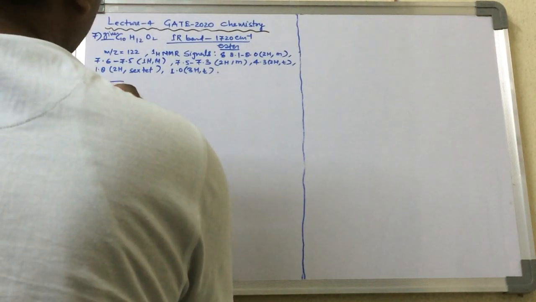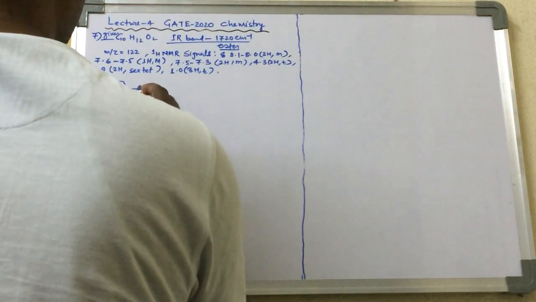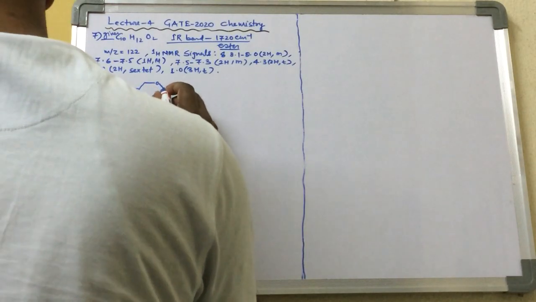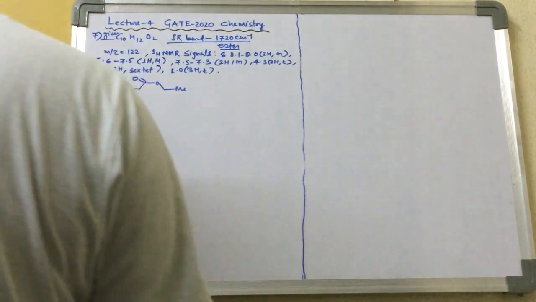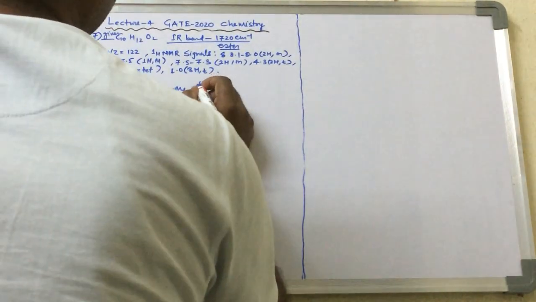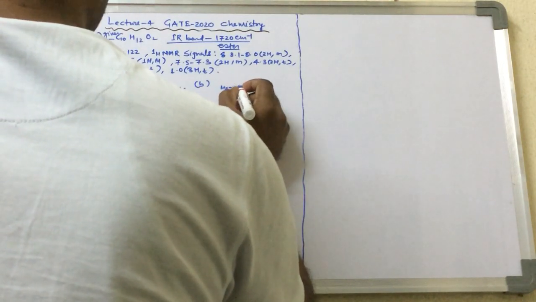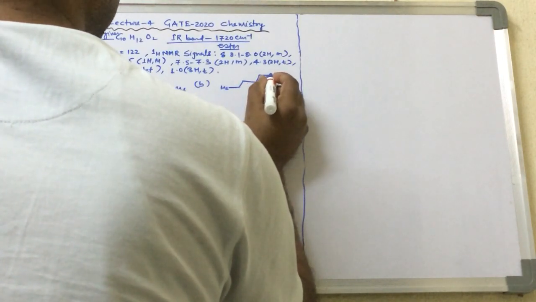Here option A is given like these molecules. Option B is given Me and this benzene.